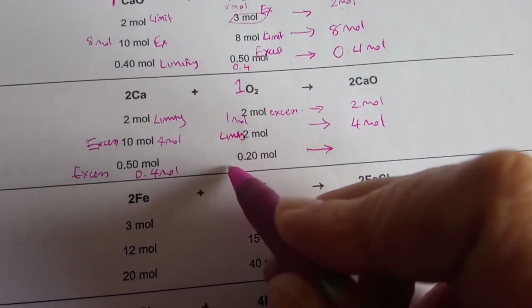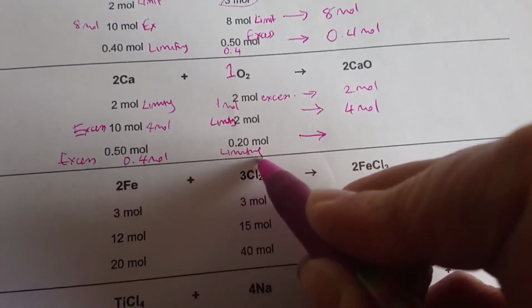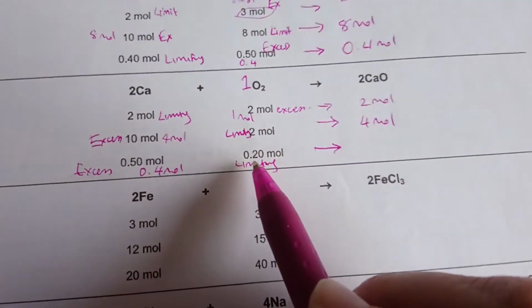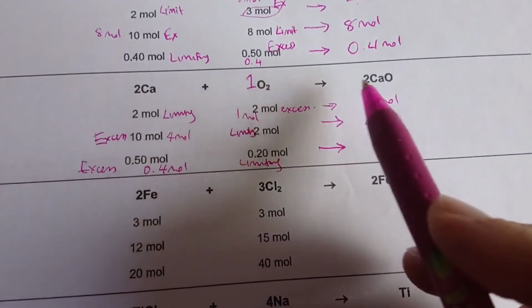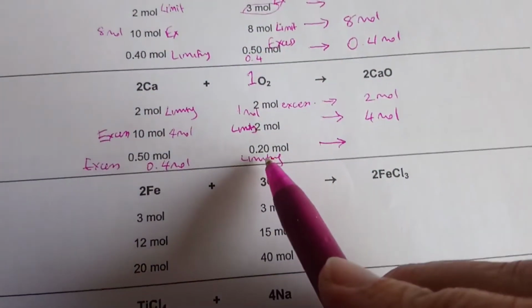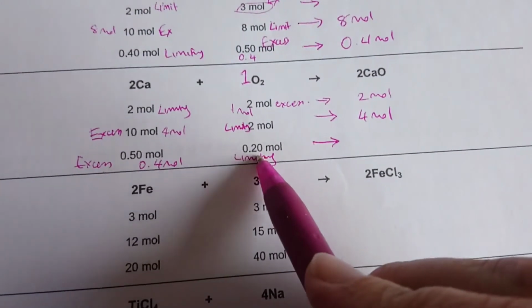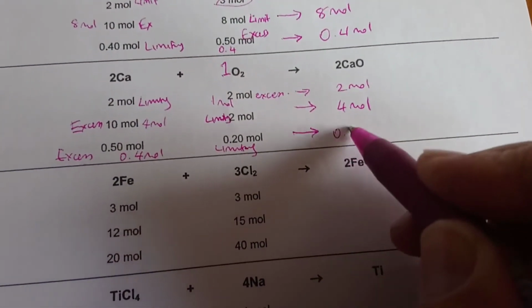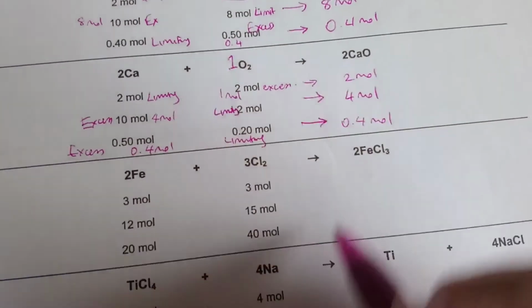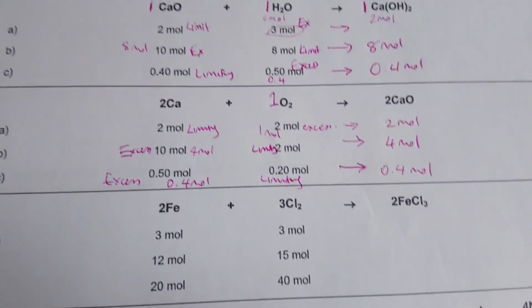This one is limiting. So remember the ratio is 2 to 1 to 2. So I've got 0.2 moles, I'm going to be able to produce 0.4 moles of calcium oxide.